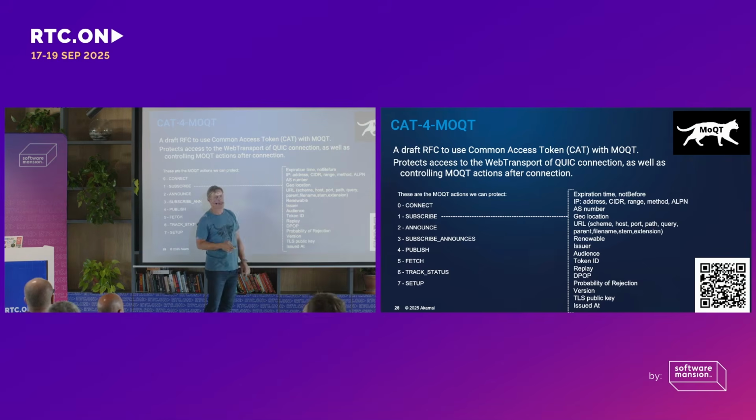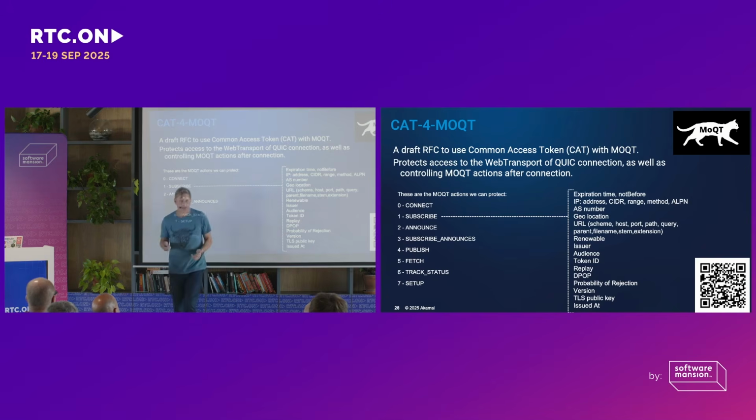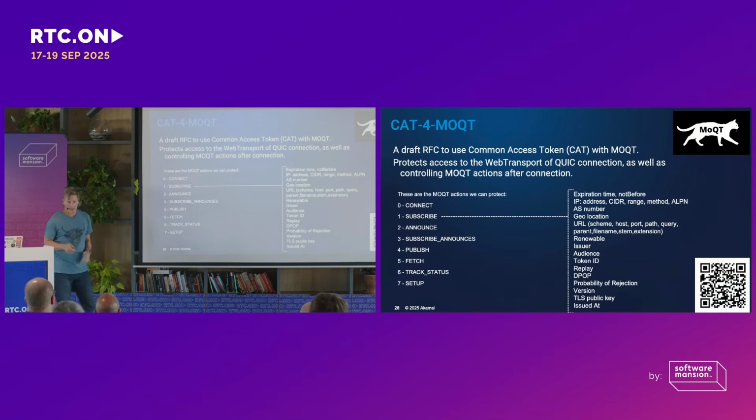So you can say, if you're in Krakow and it's between 8 p.m. at night, and you've got a token from your issuer, and you've got Depop, then you can subscribe. So very fine-grained control over the actions you can take on a MOQ transport network. This just got accepted by the work group, so this will also be published as a working solution. I think someone else is doing a JWT-based solution for this. This is a binary one, uses CBOR.